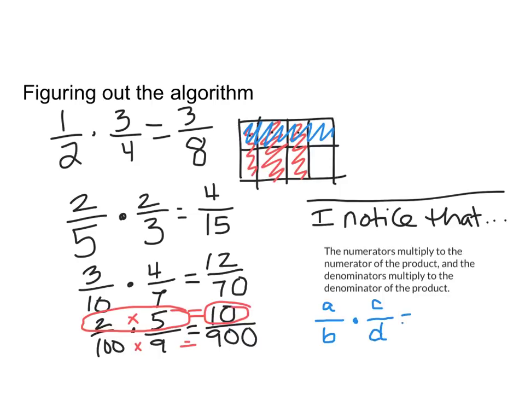I want you to multiply those together and tell me what the product would be. Did you write A times C over B times D? Or in algebra, we actually don't even need to have the times in there. We can just call it AC over BD. Either one's good.